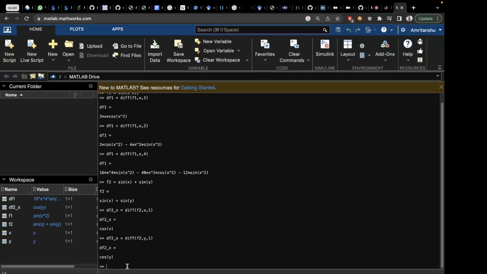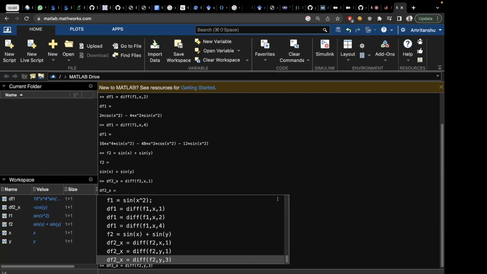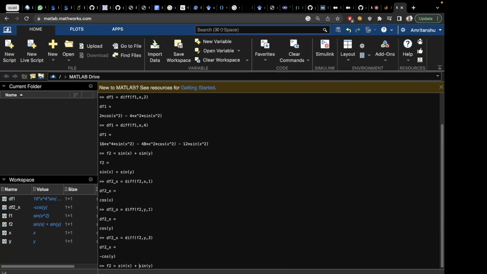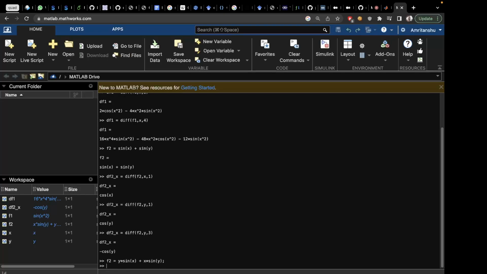Similarly here, let's say you want to find the third order partial derivative with respect to y, which is minus cos y, right? And you can give as complicated functions. So let's try one more. Let's modify this example itself. Let's put y times sin x and x times sin y, right?